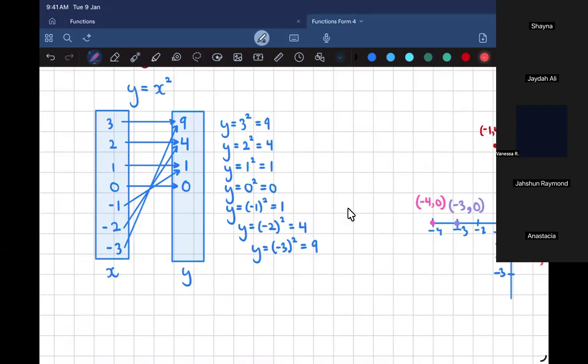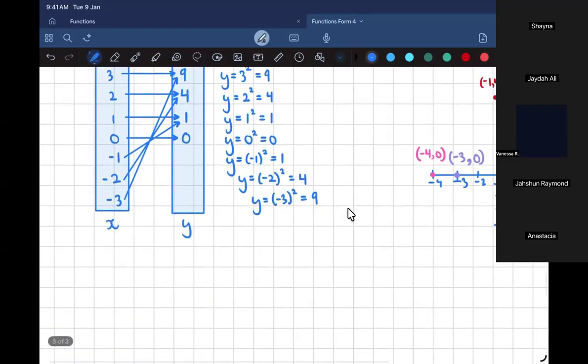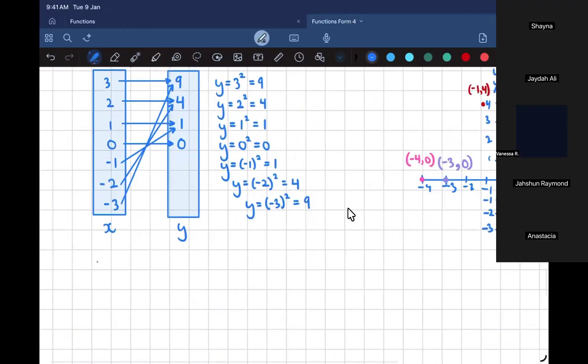I want you to tell me the first pair of values. So when X was 3, what did we get for Y? 9. Right? So that's going to be 3, comma, the Y value is 9. Tell me the next point.